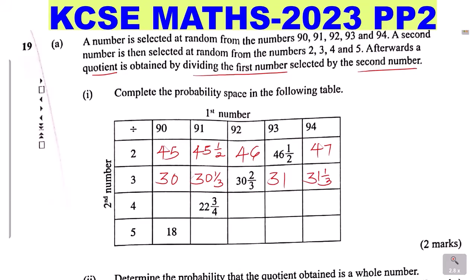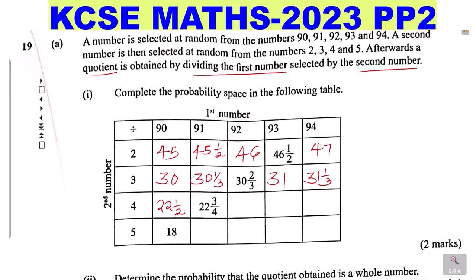We go to the third row, 90 divided by 4, the answer here will be 22.5. Then the next, 91 divided by 4, that one is filled. So we go to 92 divided by 4. Put the answer here.